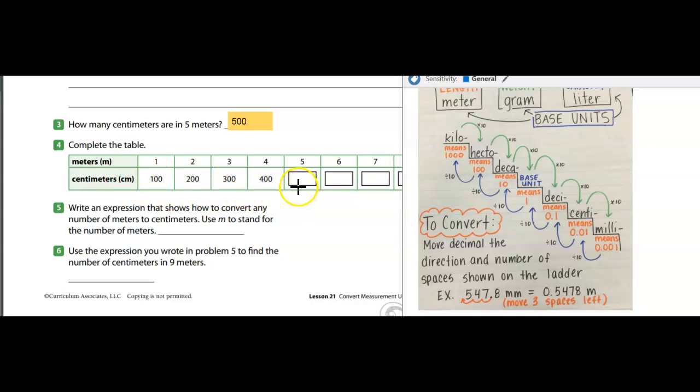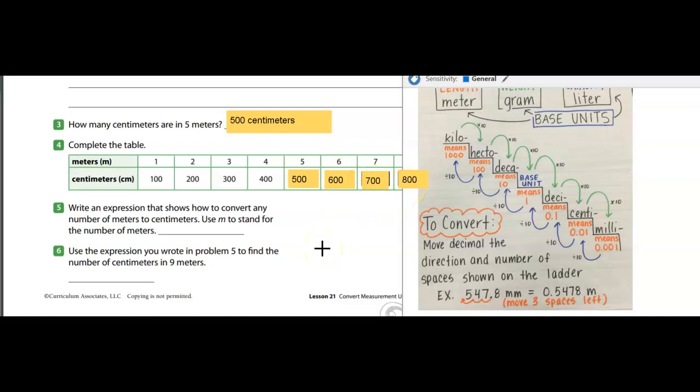So therefore, I know if I want to complete this pattern, 5 meters would equal 500 centimeters. 6 meters would equal 600 centimeters. 7 meters would equal 700 centimeters. Let's pause and complete the rest of the table on your own. So your answers should look as such: 500, 600, 700, 800.